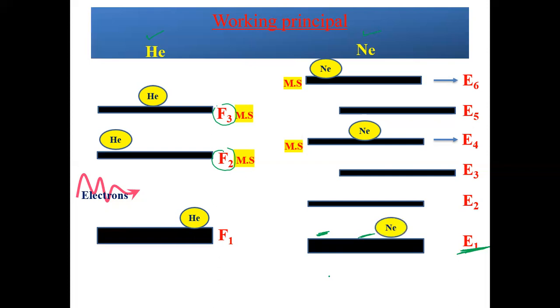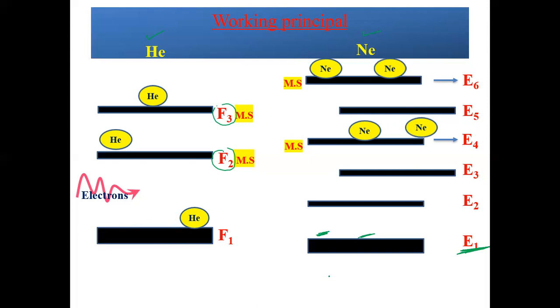One neon atom is excited to the E6 energy level and another neon atom is also excited to the E4 energy level by the collision with the helium atoms.